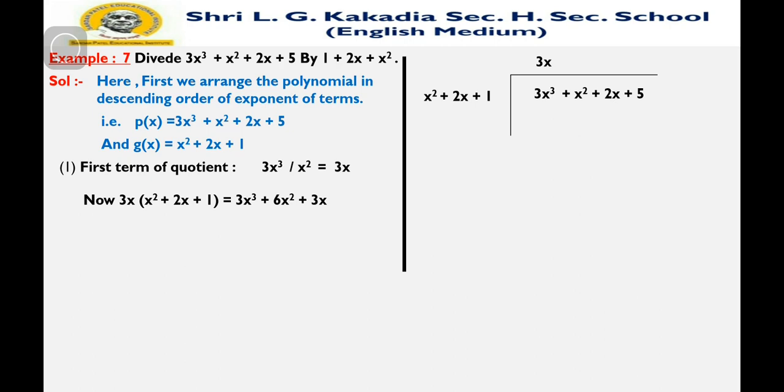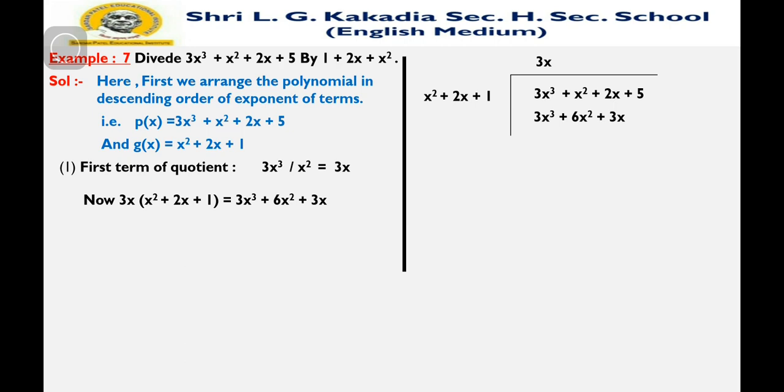So 3x into x square plus 2x plus 1 is equal to 3x into x square, that is 3x cube, 3x into 2x is equal to 6x square, and 3x into plus 1, that is plus 3x. So here we get this product, and now we subtract this product from the dividend.